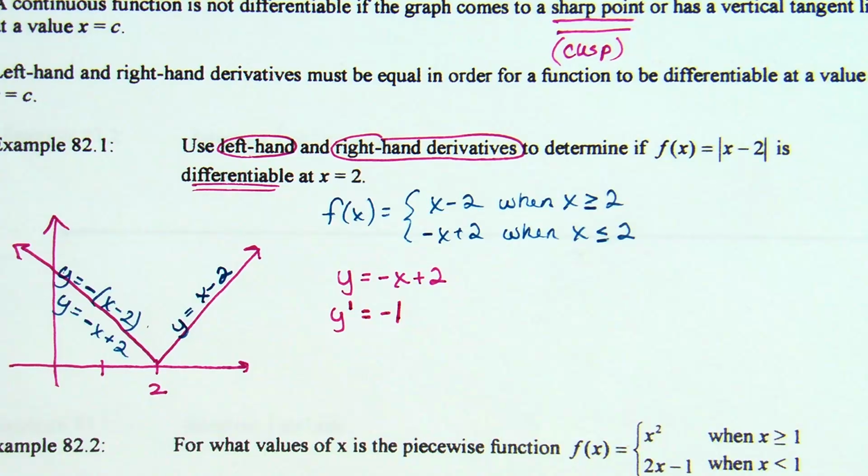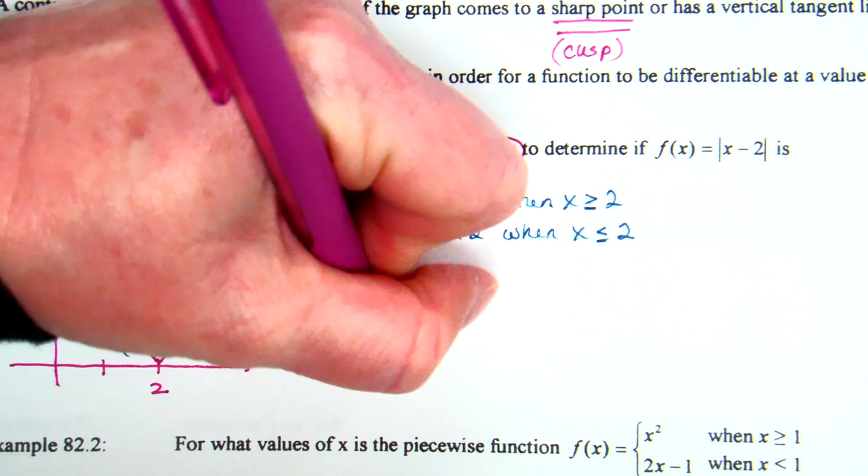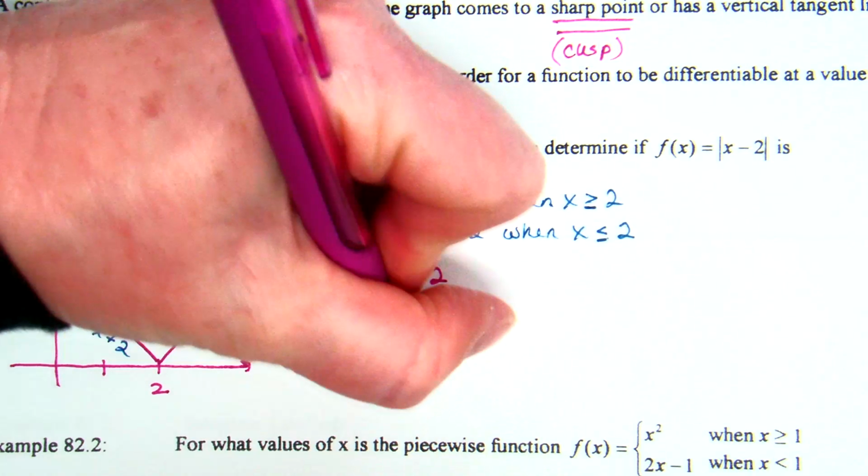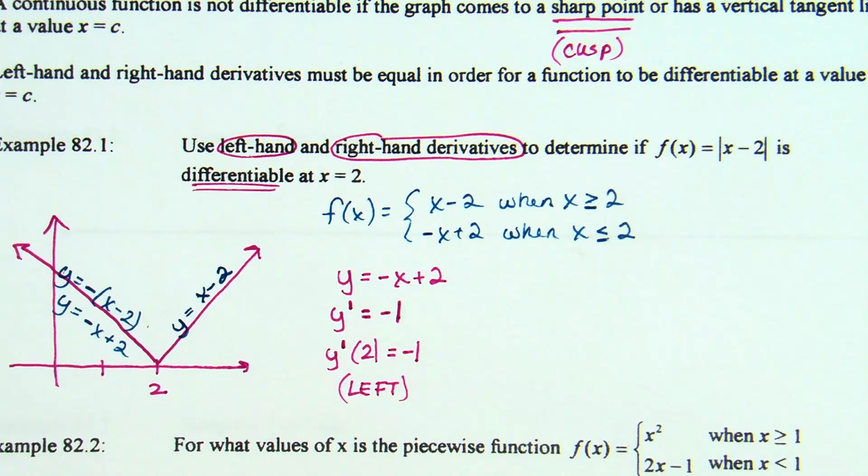What is that derivative evaluated at 2? It's still negative 1, isn't it? Officially, y prime evaluated at 2 is still negative 1. Now, this is the left side, yes? So the left-hand derivative is negative 1.